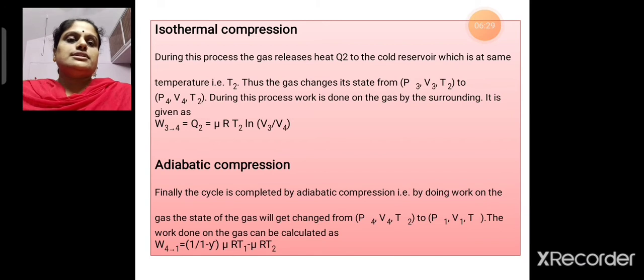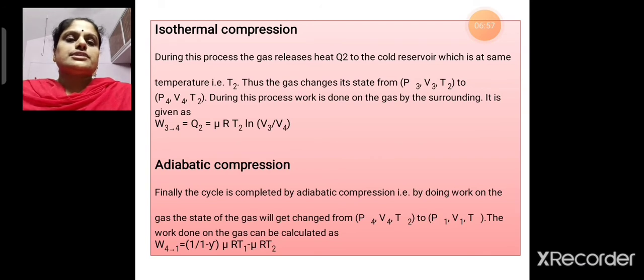During this process, work is done on the gas by the surroundings. The work done is given by W3→4 = Q2, which is the amount of heat released to the cold reservoir, which is equal to μRT2 log V3/V4.